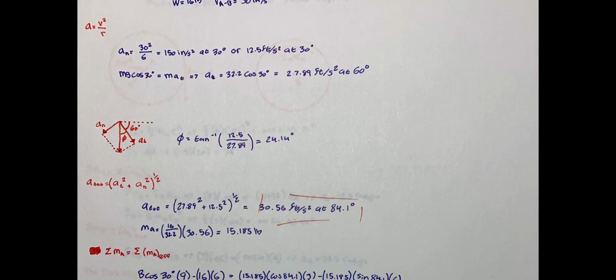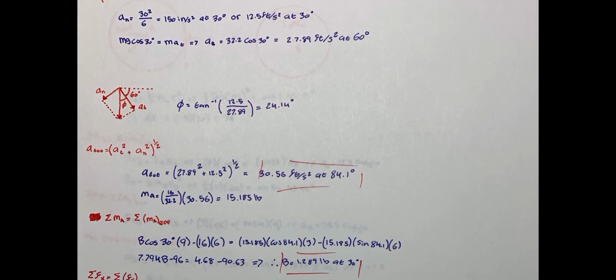And then using mg cosine 30 is equal to ma in the tangent direction, we can solve for the acceleration in the tangent direction, which is 27.89 feet per second squared at 60 degrees. And we know that the total acceleration is equal to the tangent acceleration plus the normal acceleration, both squared, and taking the square root of that.